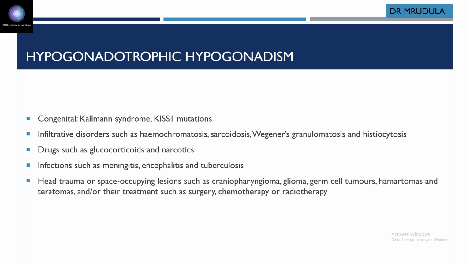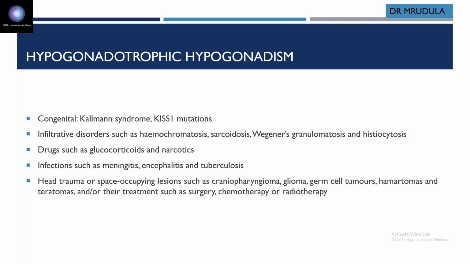Infections like meningitis, encephalitis, and tuberculosis. So any CNS infection will again release inhibitory impulses. Head trauma and space occupying lesions of the brain like craniopharyngioma, glioma, germ cell tumors, hematomas, teratomas, and any treatment like surgery, chemotherapy, or radiotherapy. So these are all responsible for hypogonadotrophic hypogonadism.